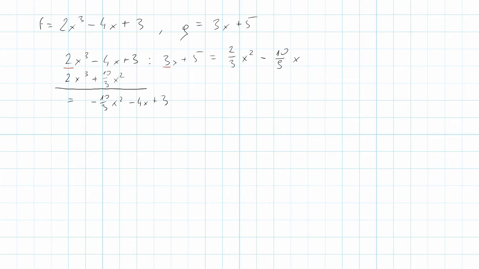And so now we'll have minus 10 over 3x squared and minus 50 over 9x, and again we subtract them from each other. So 4 is 36, so now we'll have 14 over 9x plus 3.